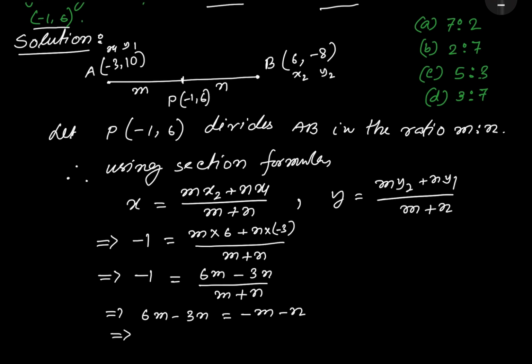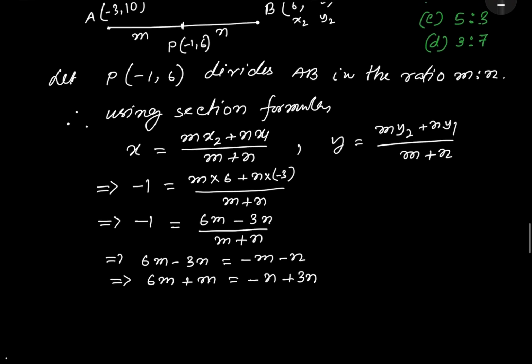So take this m to the left hand side: 6m + m = -n, and the -3n on the right hand side will be +3n. Now simplify: 6m + m is 7m equals 2m, since -n + 3n is 2n. So we write m by n is 2 by 7.